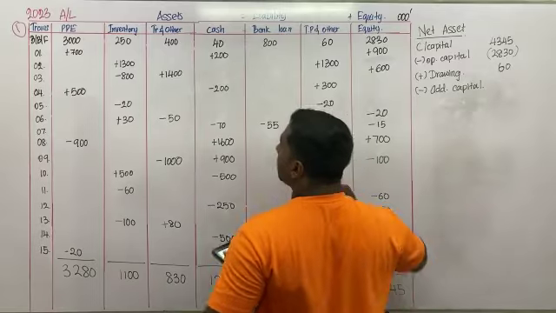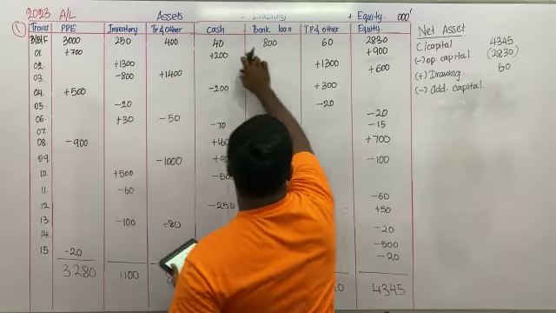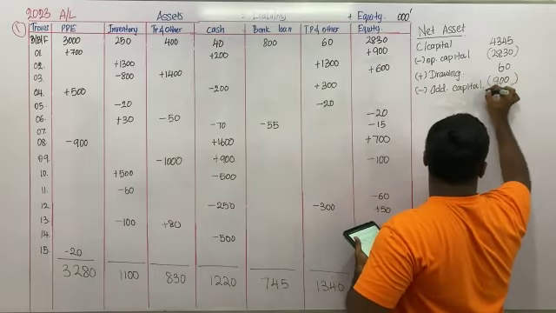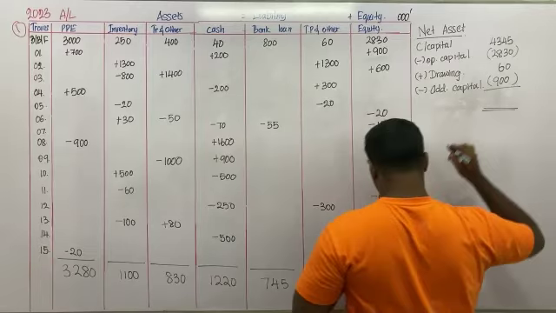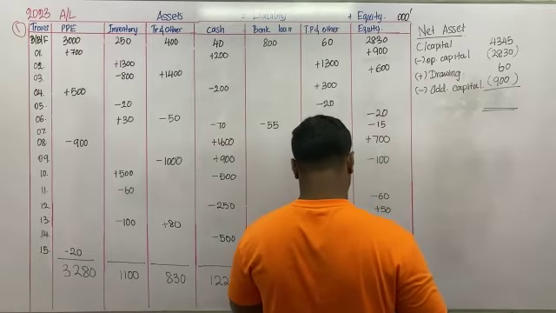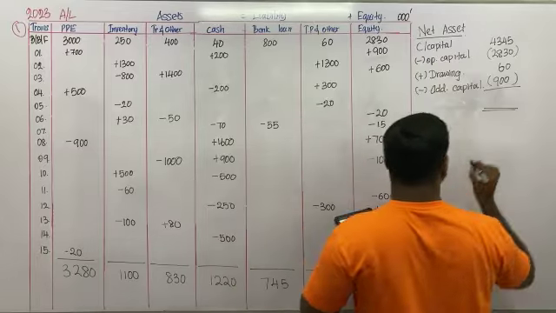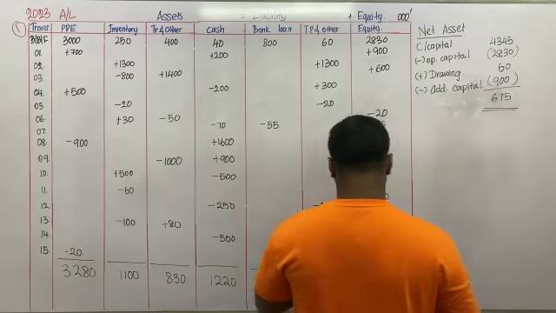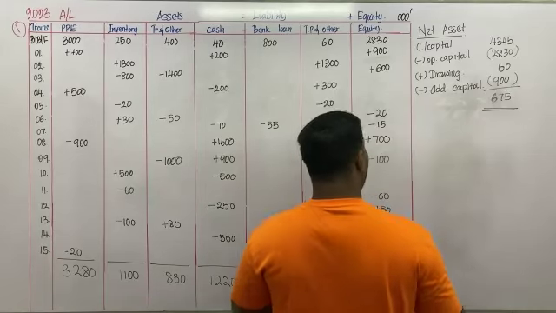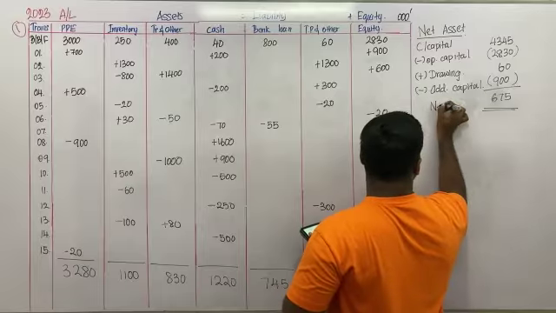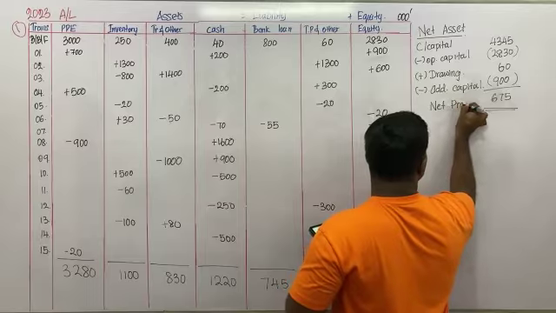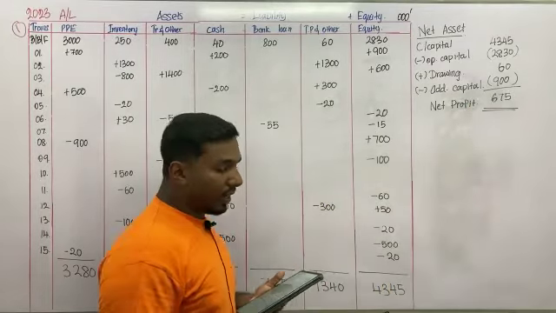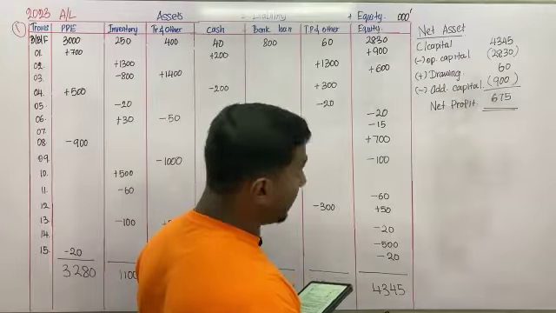Additional capital, transaction number one, this is additional capital 900. 675. 675 is what? Our net profit. 675, which is our net profit.